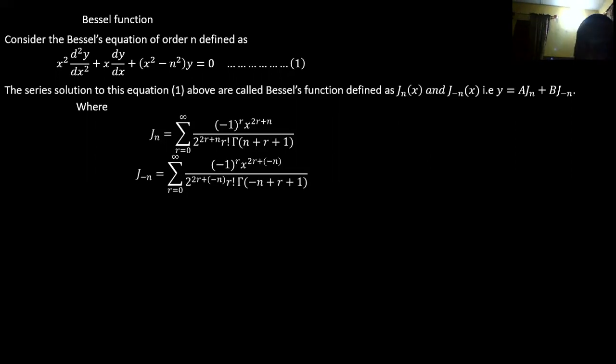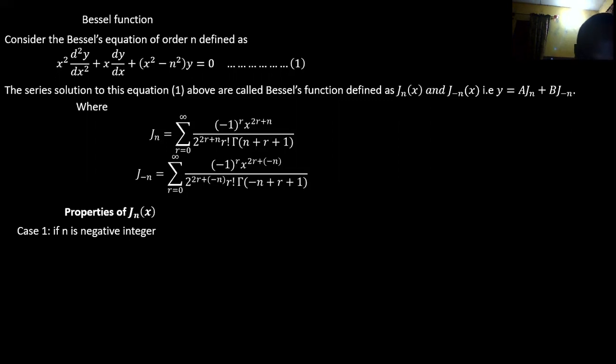Let's see some properties of the Bessel function Jn of x. Now, let's consider different values of n. The first case that we are going to consider is when my n is negative.